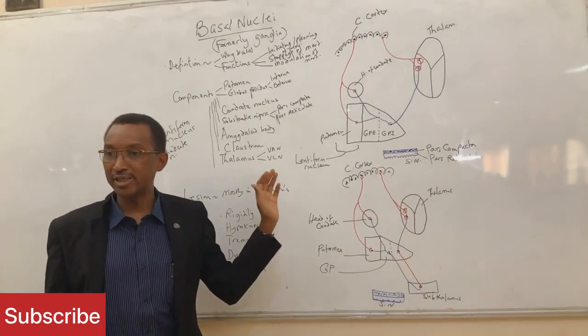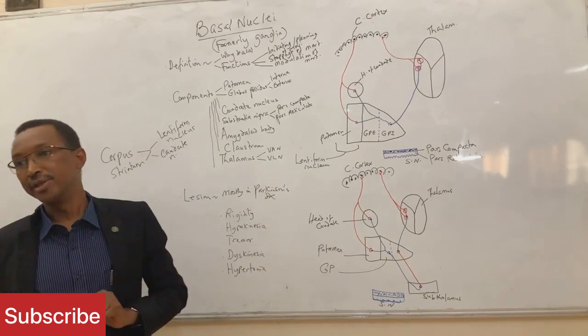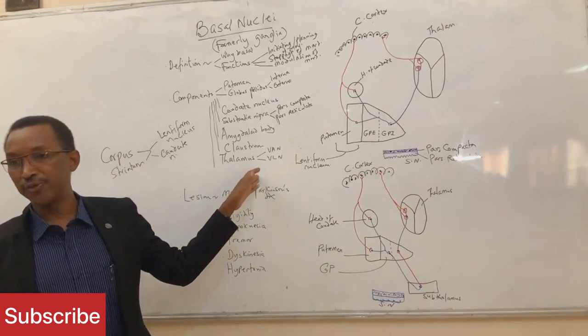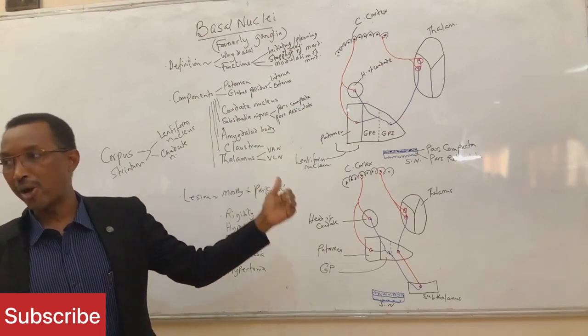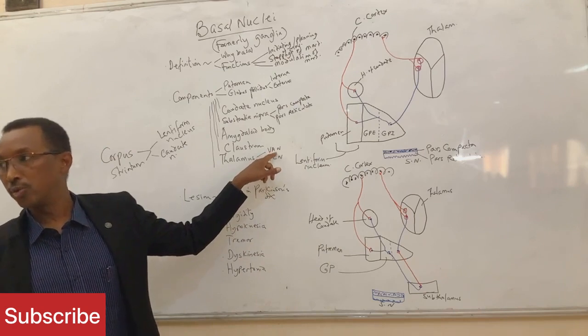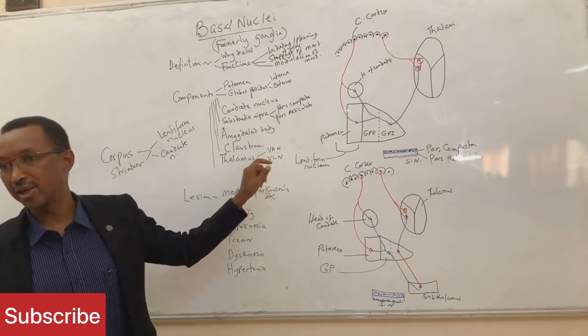The thalamus is also considered part of the basal nuclei, but not the entire thalamus. Toward the tail end of our lecture on the thalamus, I discussed the ventro-anterior nucleus as well as the ventrolateral nucleus.